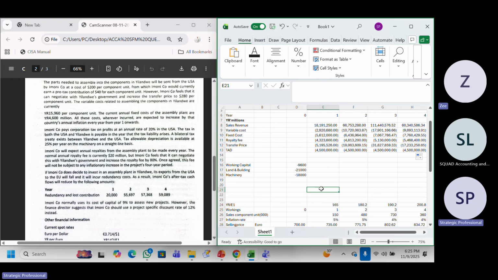I'm going to change it now. Currently they are actually in thousands, not millions. It's only the land and building that is in millions. So I can convert these ones, let's just convert it straight.